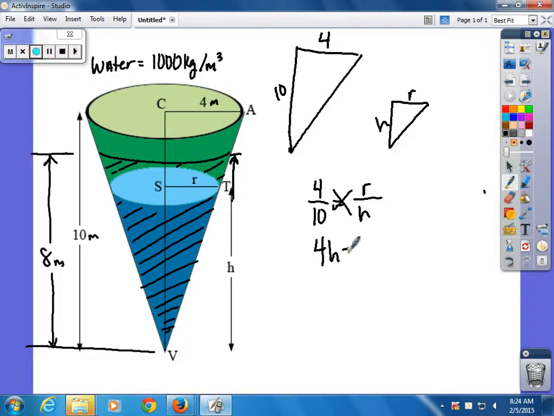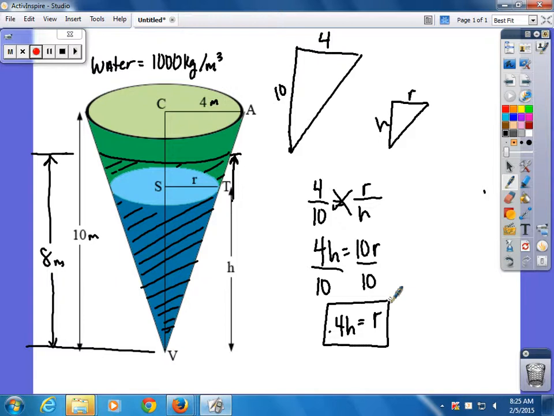4H is equal to 10R, and divide by 10, divide by 10. So 0.4H is equal to what? Now R is not going to be H all the time. Most of the time you're going to change it to 10 minus H, because of that 10 right there.